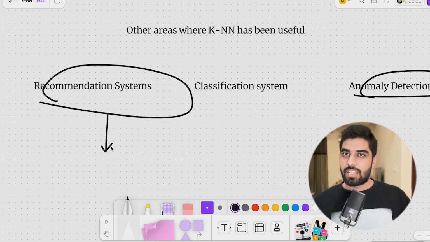But let's say you have just launched Netflix and it has no data on what you have watched or what you like. Still, it can give you some recommendations. One thing is they can show you the trending things in your region. That's A. But what else can it recommend? It doesn't know what you like, but it does have data on people like you.